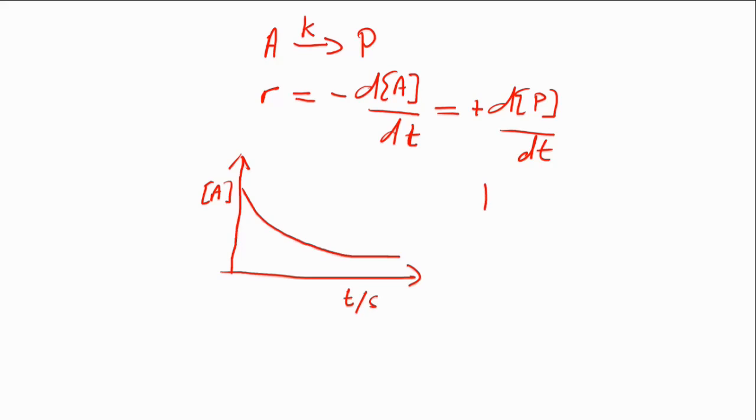However, if instead you decide to look at the change in the concentration of the product, which is P, with respect to time, then you have a plot of P versus time, and you'll have a situation like this. Okay, there's an increase in the concentration of the product over time. So that is what is expected, and that's what you call a concentration time graph.